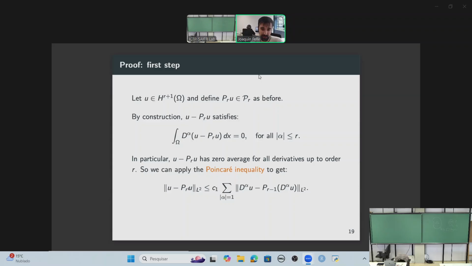And what the inequality gives us in this case is that the L2 norm of the difference between the function and its projection on the polynomial space is less than or equal to C1, where this C1 only depends on the domain, and basically the sum of the L2 norms of the derivatives of order 1 of this function, because remember we were bounding the L2 norm of the function with the L2 norm of its gradient. So this is another way of saying the same thing, basically.